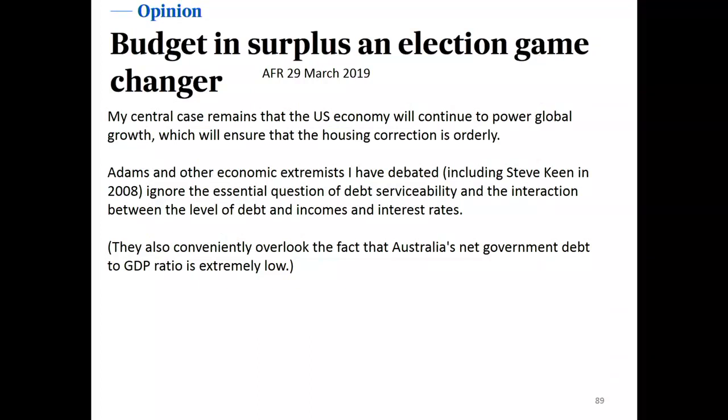What's keeping up demand is the US economy, he says, which will continue to power global growth. And then people also overlook the question of debt serviceability and the interaction between the level of debt and incomes and interest rates. He's pointing out that we've had such low interest rates for so long that people are now able to support a higher level of housing prices.